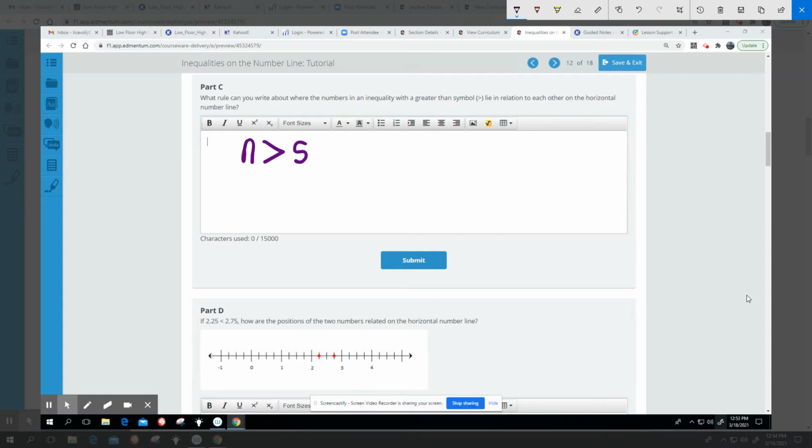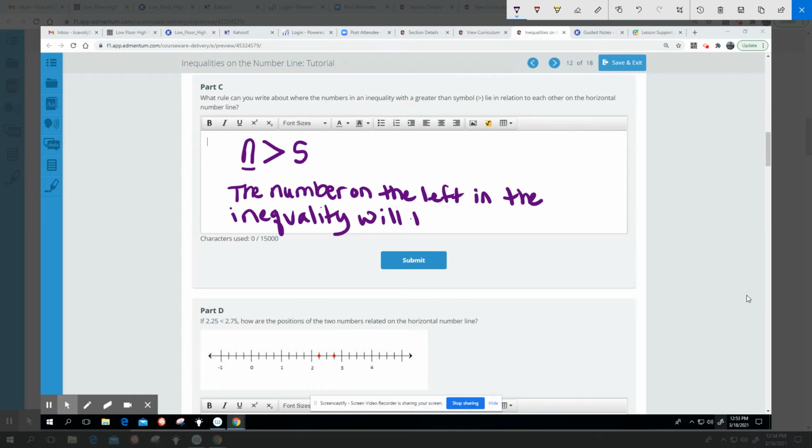So what can we say about numbers in an inequality with the greater than symbol? Anytime we see this symbol, we know that the number on the left is going to be larger. So we can say the number on the left in the inequality will be the farthest to the right on the number line.